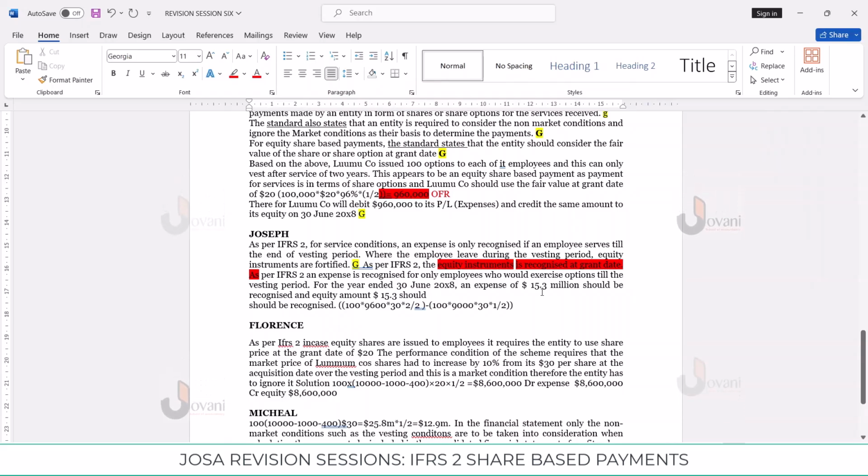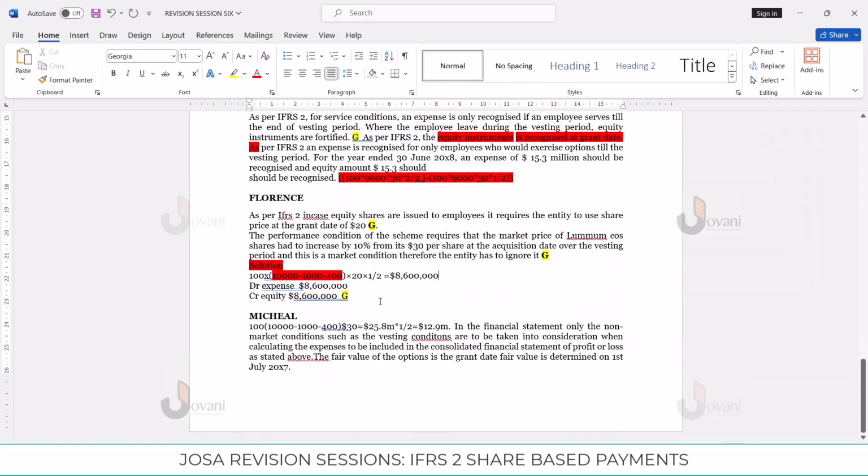But of course, you would get a mark for this on figure rule. For the double entry, you would get a mark for it. Yes, you failed here, but in application you're showing that we are going to increase the equity by that much and the expense by that much. You get a mark. Michael, 100 times, okay, this is okay, 25, okay.